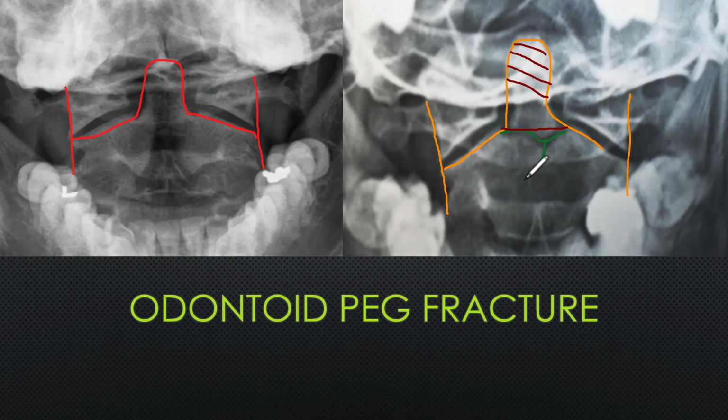Now, what's the danger of these fractures? Again, the danger depends on where the fracture is. So generally, if the fracture is higher up, it's more stable. It's regarded as a fracture that you can handle more conservatively. But as you start coming down towards the base and the body, what you're going to discover, of course, is that there's a greater chance that the ligaments that are holding everything in place have been disrupted.